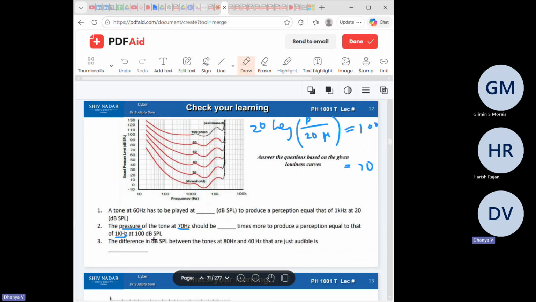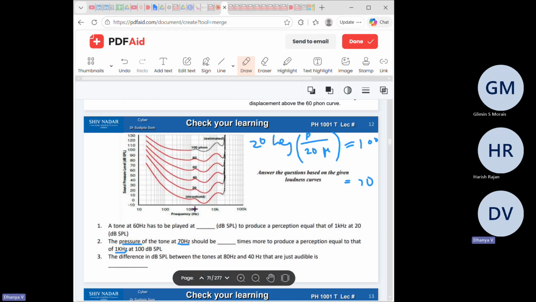At 1 kilohertz, it's actually 100 decibels.